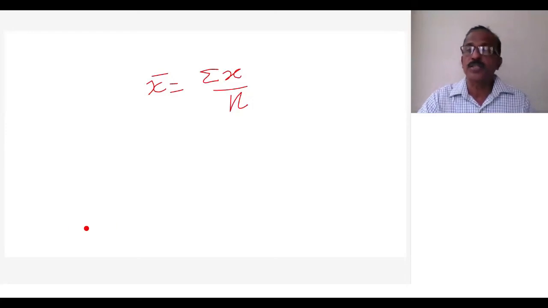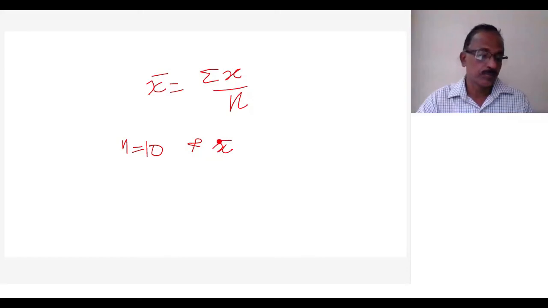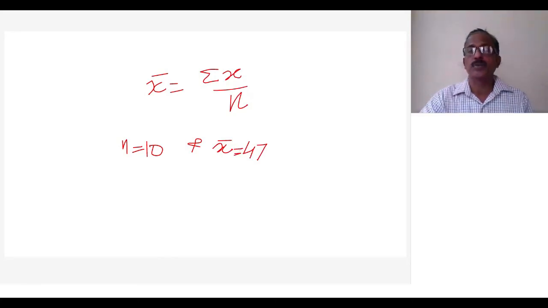For the mean of 10 observations, n is equal to 10, and x bar is equal to 47. So the mean of the 10 observations is 47.